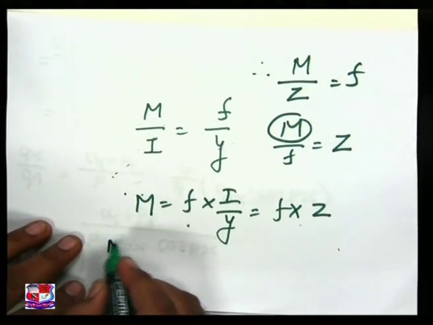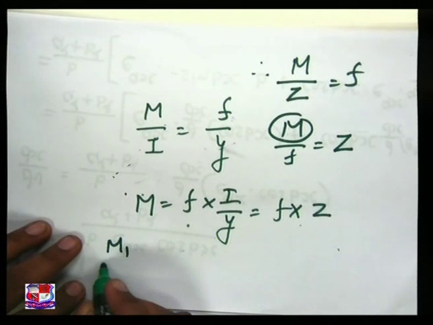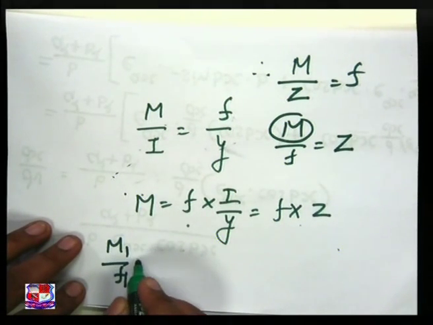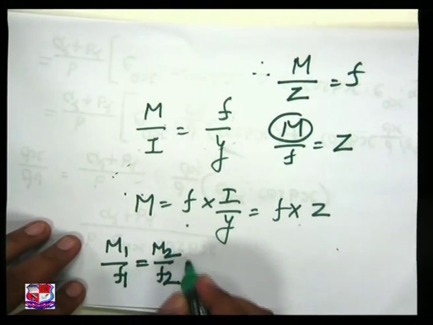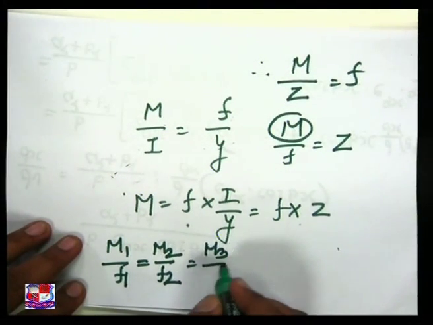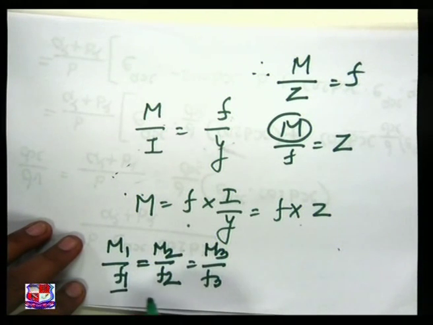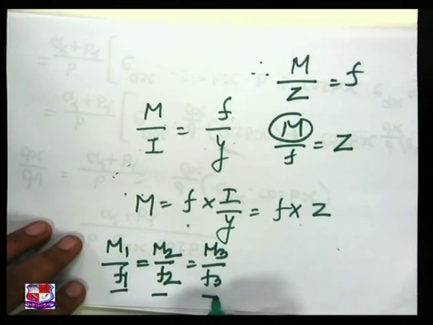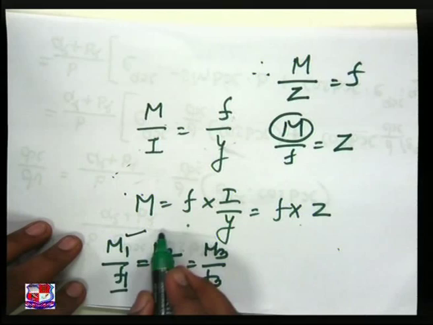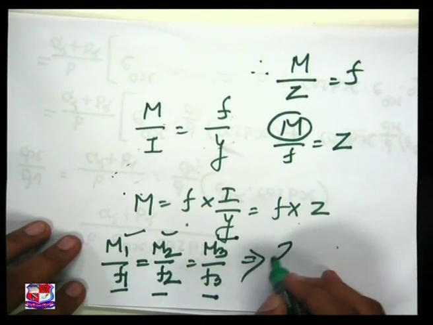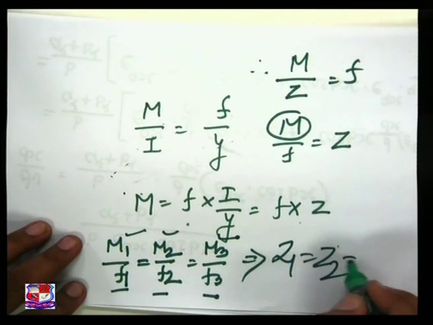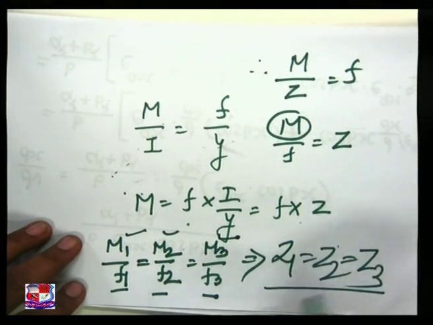So M1 by F1 is equal to M2 by F2 is equal to M3 by F3. F1, F2, F3 for all three beams are the same, and M1, M2, M3 are the same. It means that Z1 is equal to Z2 is equal to Z3.